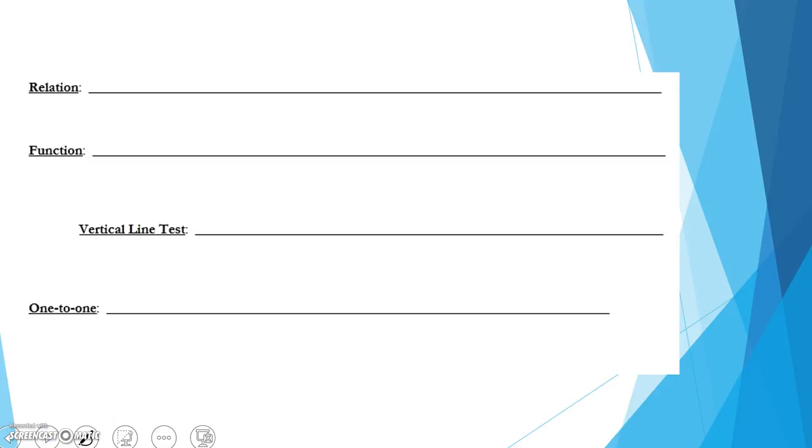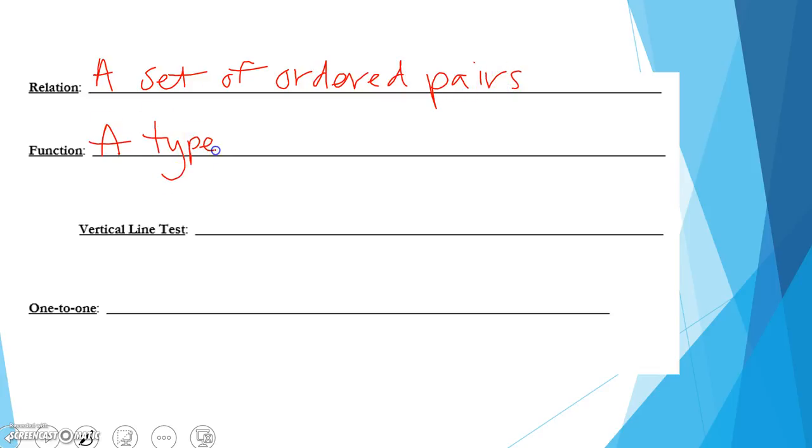So now let's get some definitions. So a relation is a set of ordered pairs. And then a function is a type of relation where x's don't repeat.